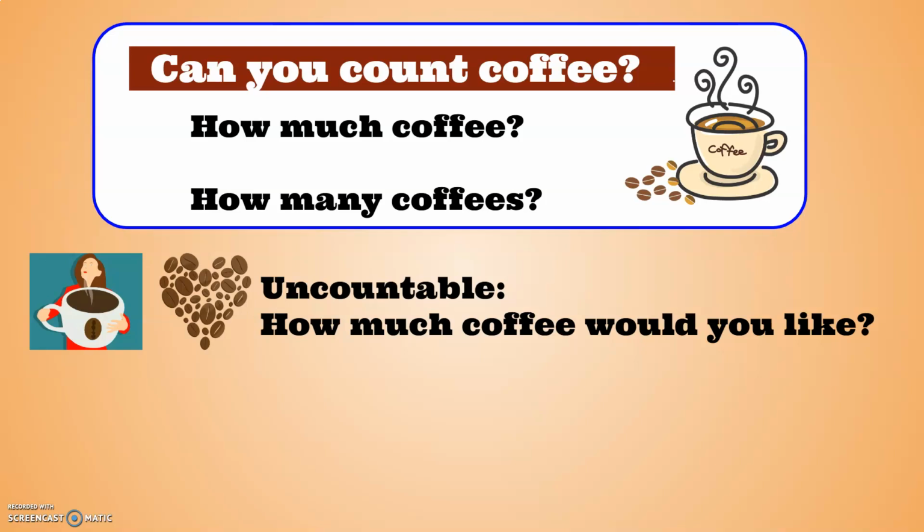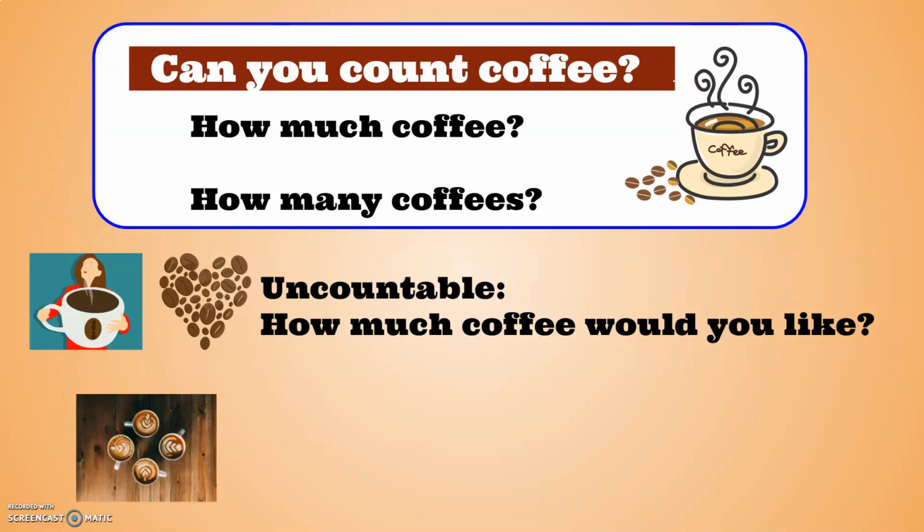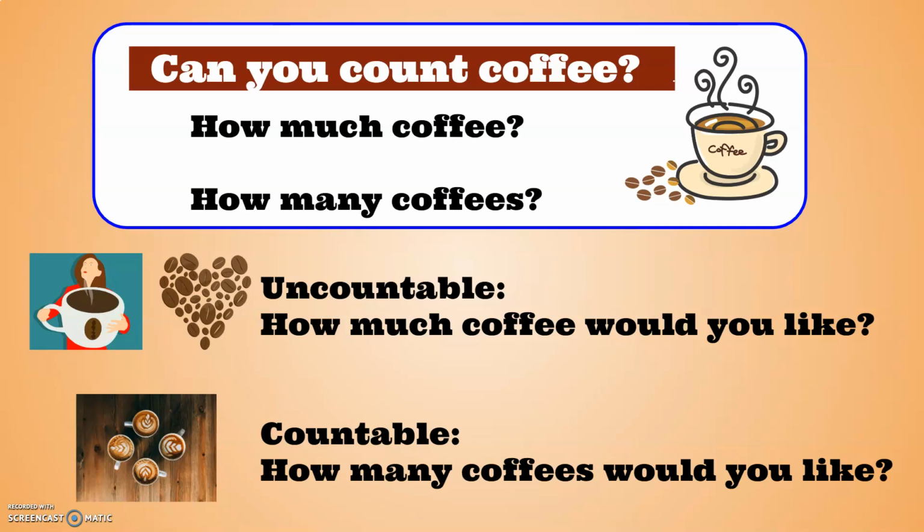I would like a lot of coffee. I would like a large coffee. However, when coffee is in cups, we often just refer to it as coffees. How many coffees would you like? I'd like to order 4 coffees. So the word coffee can be countable or uncountable. The meaning is different.